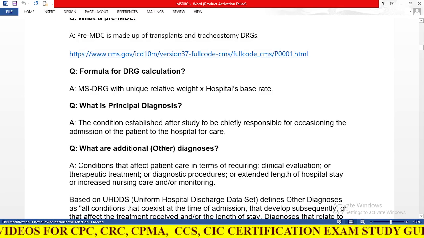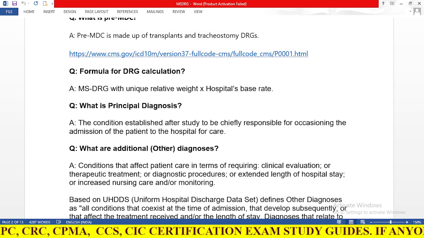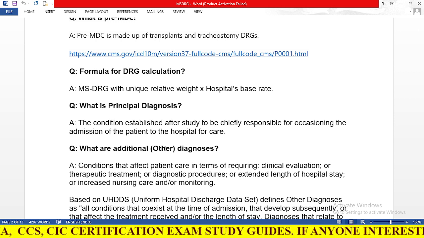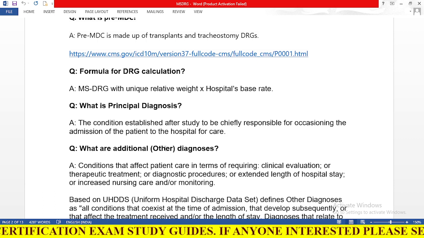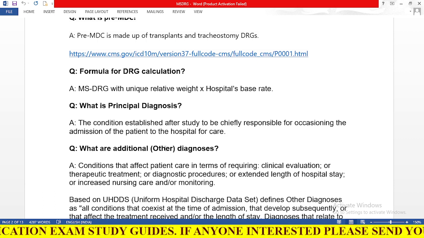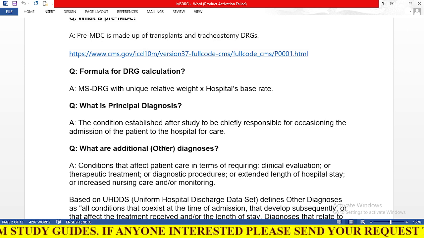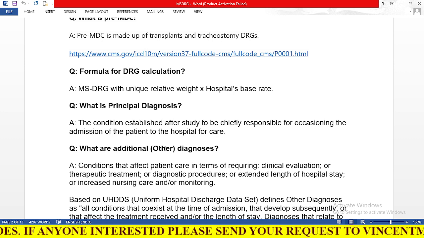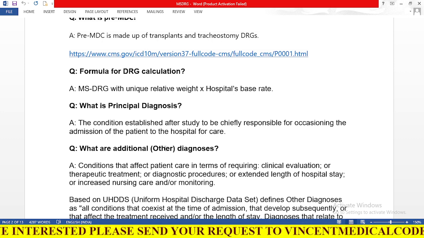Under the UHDDS definition, principal diagnosis is the condition established after study to be chiefly responsible for occasioning the admission of the patient to the hospital for care. Here we need to understand that the condition needs to be established after study by the physician, and only then will we consider it as principal diagnosis.